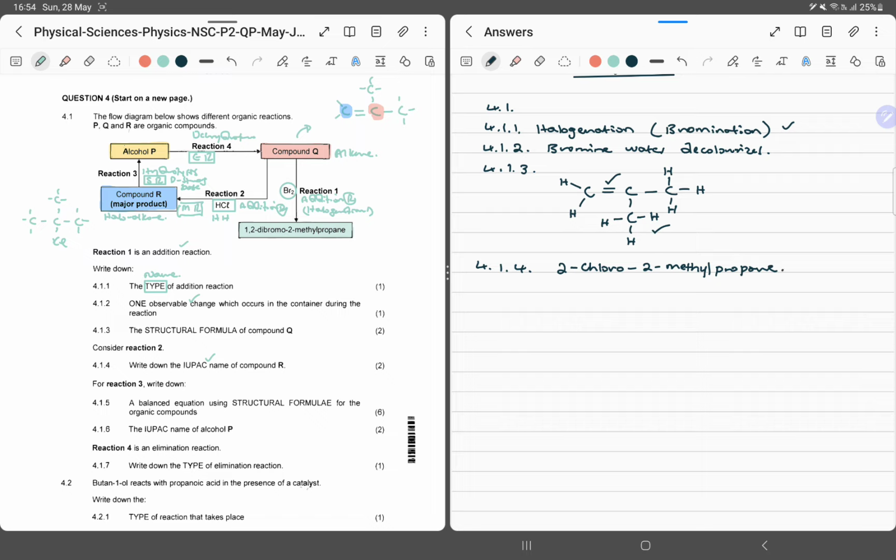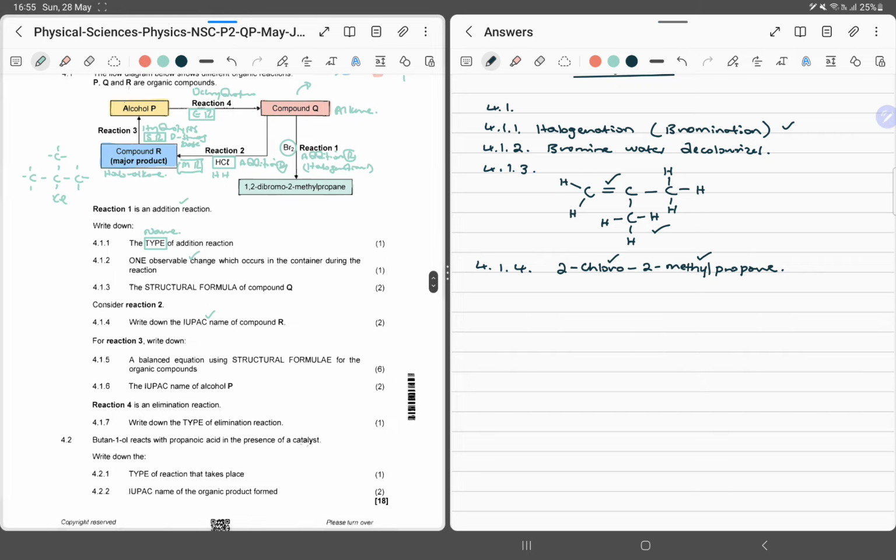That is the name. So how many marks are we scoring there? Just 2 marks. Wow. Okay, that's fine. They don't care about the propane part. It's fine. We will leave them to that.